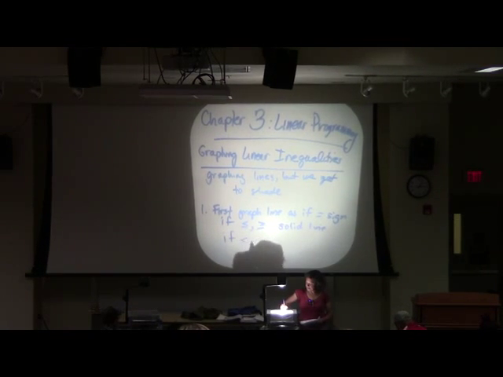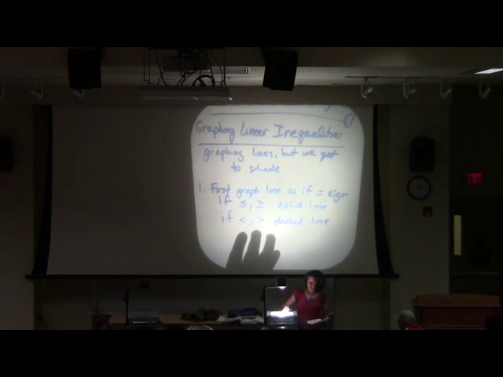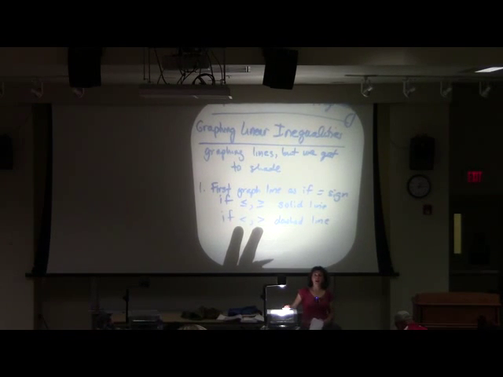If, however, it's what we call a strict inequality, when you connect your dots, you'll need to use a dashed line. The reason is that we're not actually interested in equality. It's just kind of a boundary point.